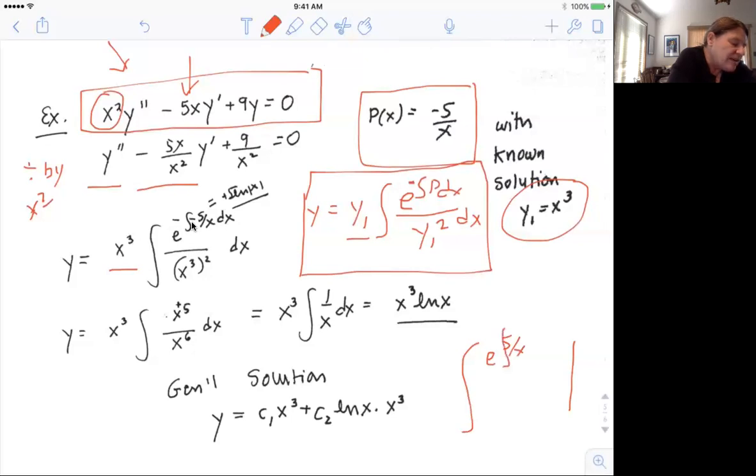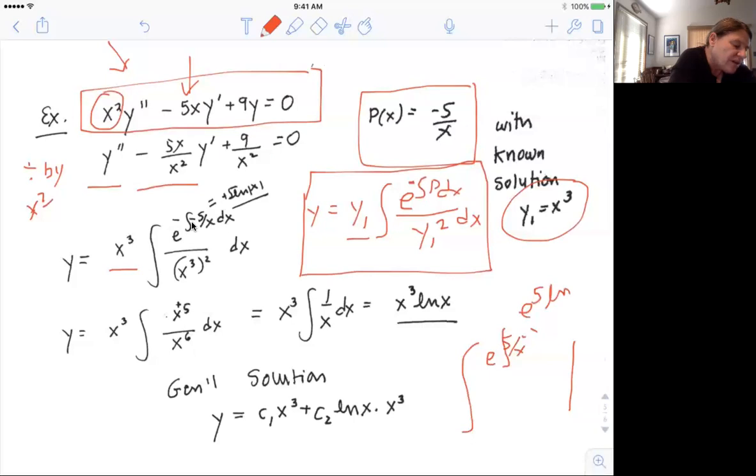And what is the integral of 5 over x? Well, it's e to the 5, I pulled the 5 out.